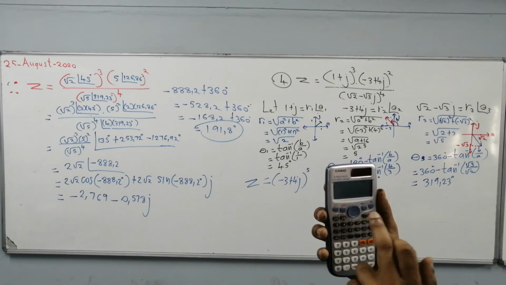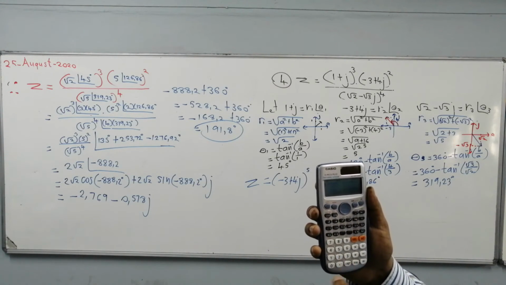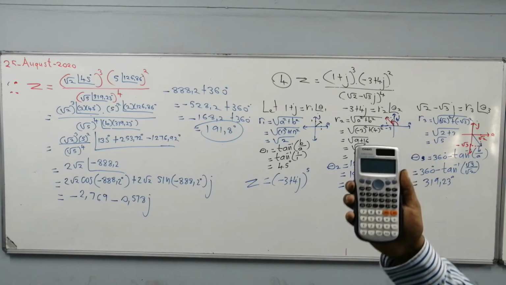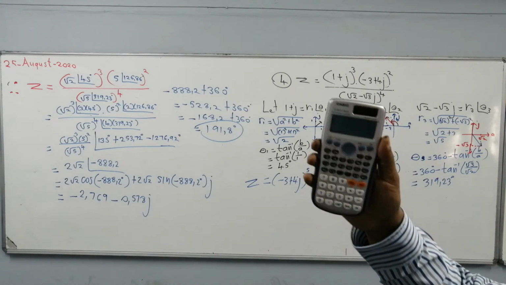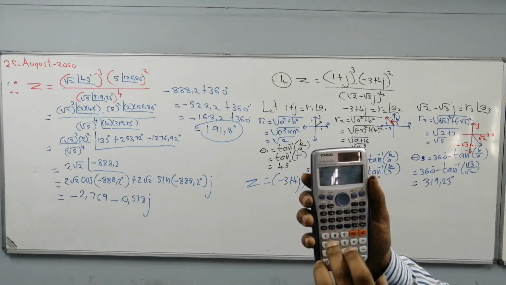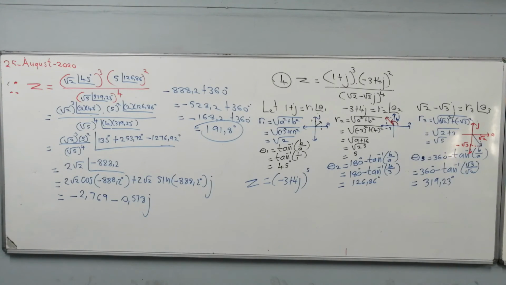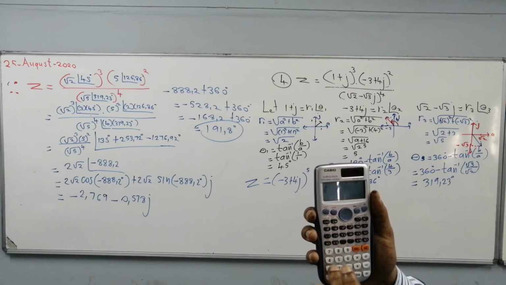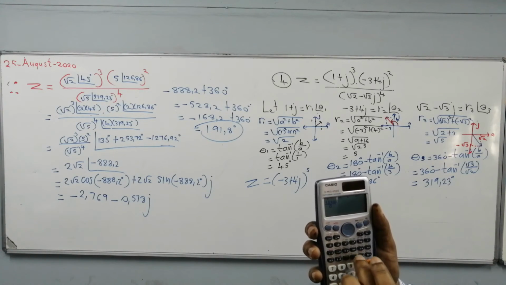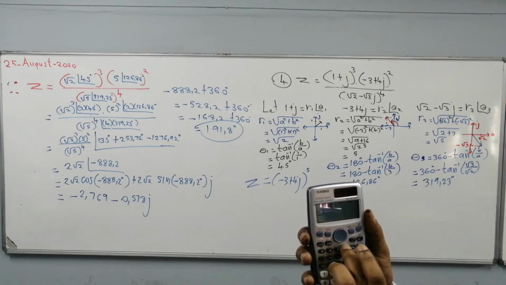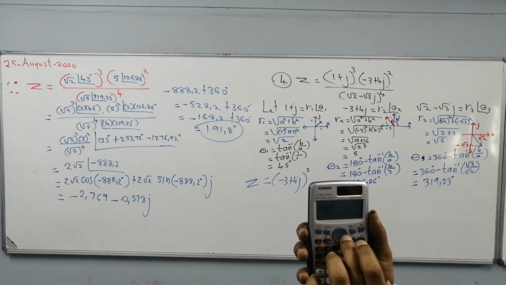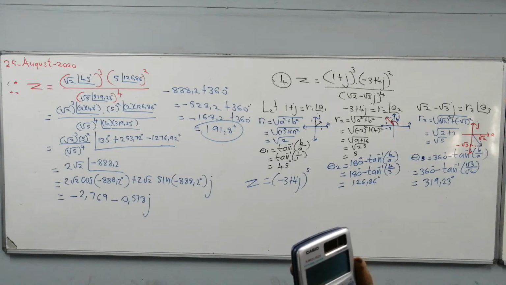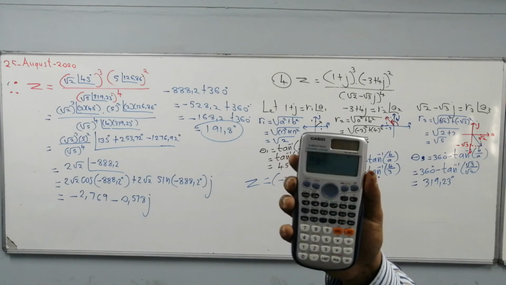So I went to mode, I went to complex, which is number 2, and then I typed my fraction button there. Then as it is on the board, I type it out. I'm opening up my bracket, and then 1 plus j, raised to the power 3.